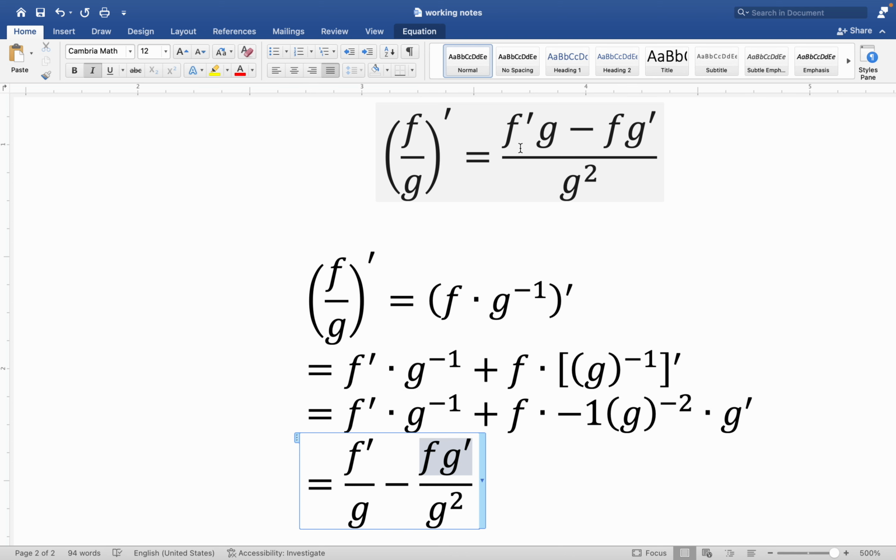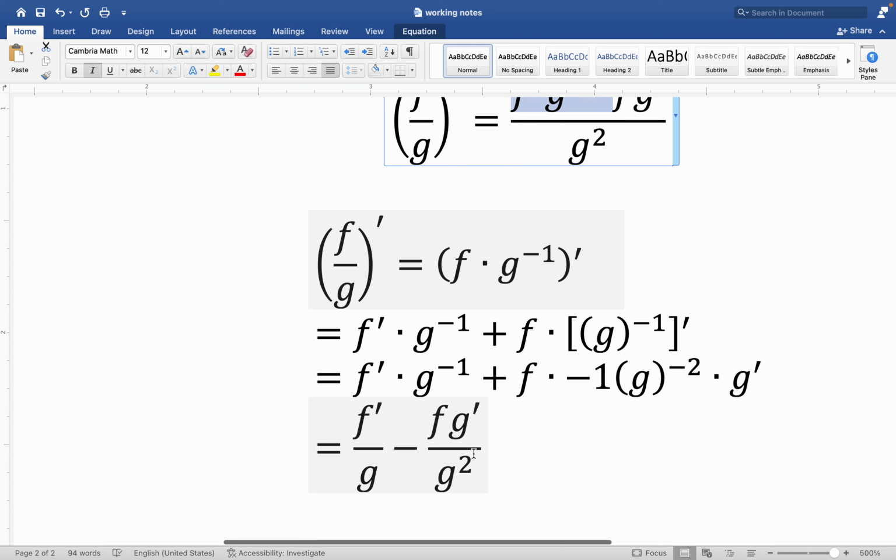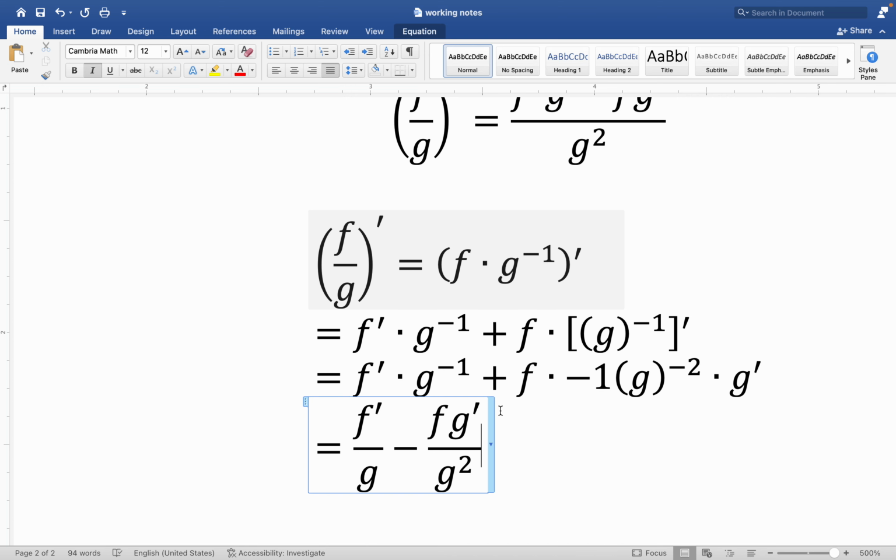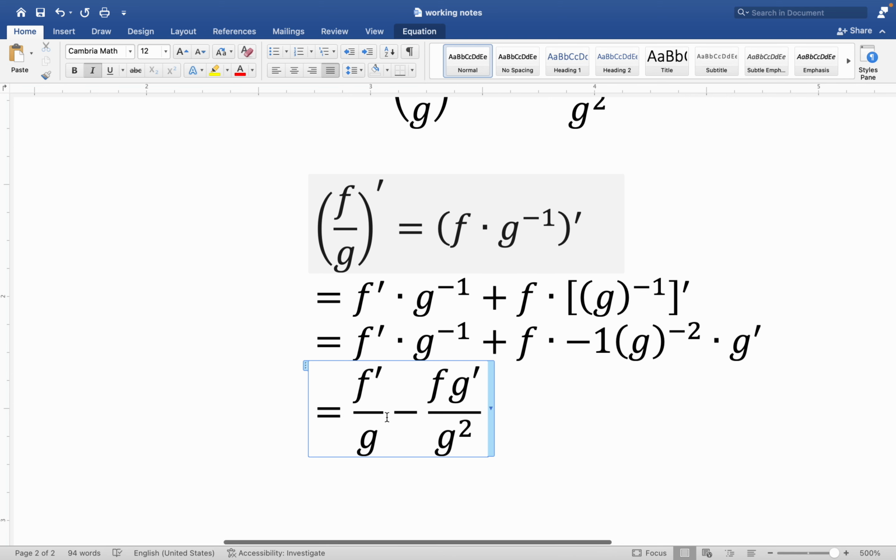It's starting to look like the form that we want, but it's not quite there. Actually, the only thing you need to do to finish up is to put these two fractions under a common denominator. Like this guy here, to get a common denominator with this one here, you can just multiply top and bottom of this fraction by g, and that'll give you a g squared on the bottom, and then we'll combine the fractions and we'll be done.